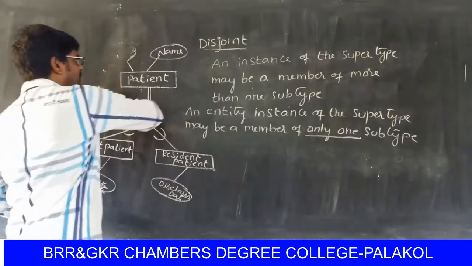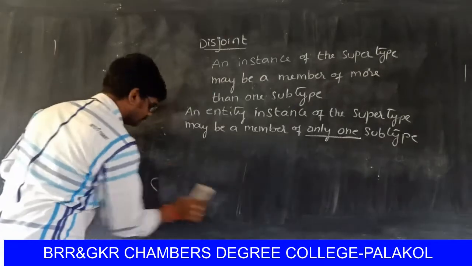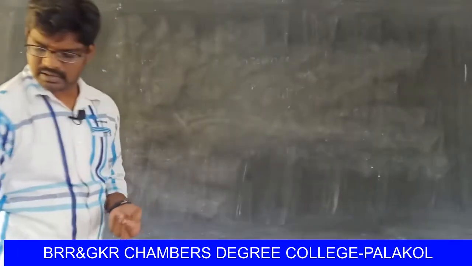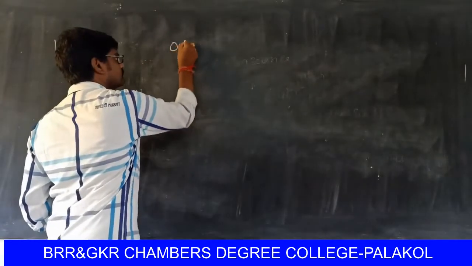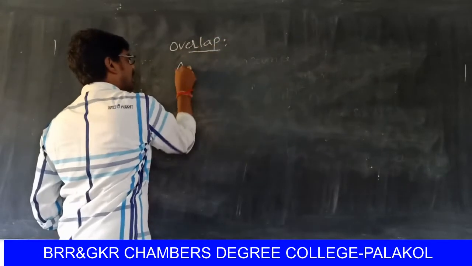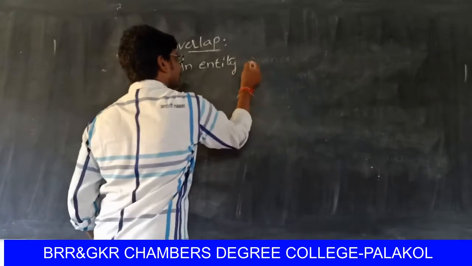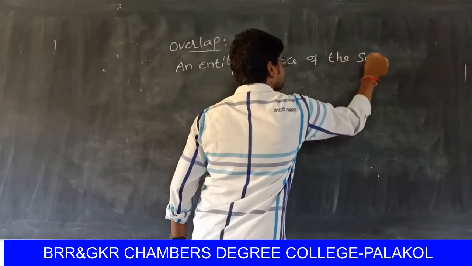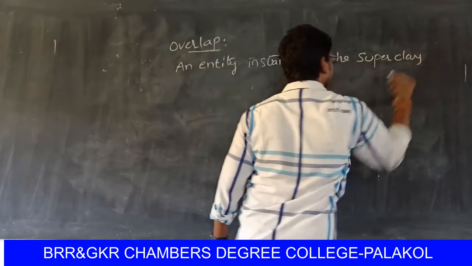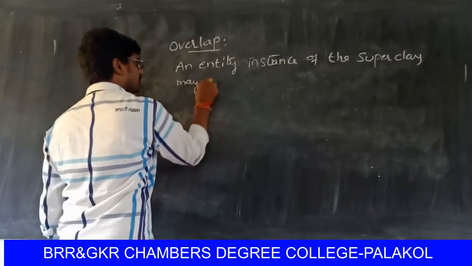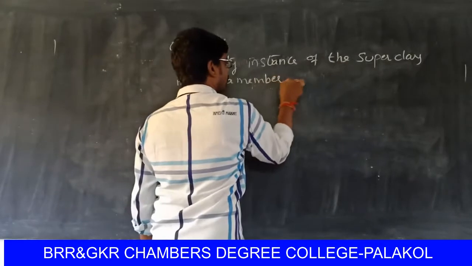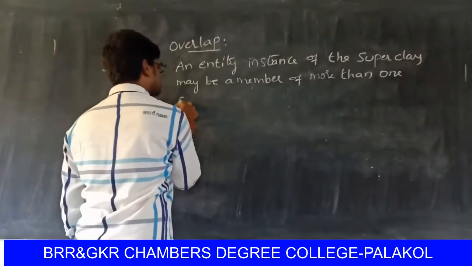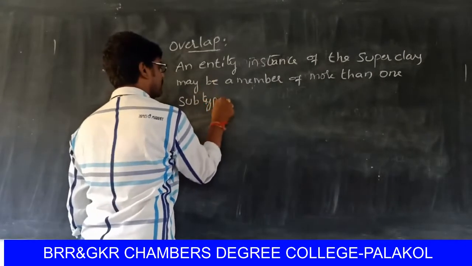Next one, the overlap constraint. An entity instance of the superclass or supertype may be a member of more than one subtype or subclass.